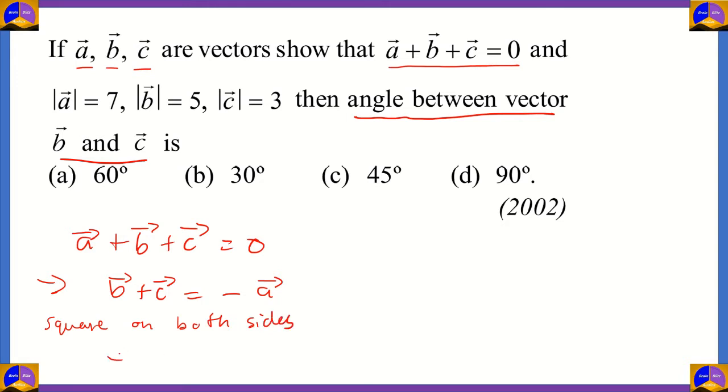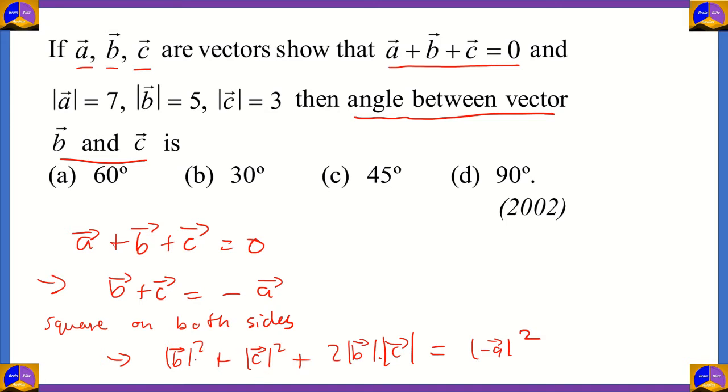When you're squaring on both sides, you will get modulus of vector B the whole square plus modulus of vector C the whole square plus 2 times modulus of vector B times modulus of vector C times cos theta, which is equal to modulus of minus vector A the whole square. So here we use the A plus B the whole square formula.